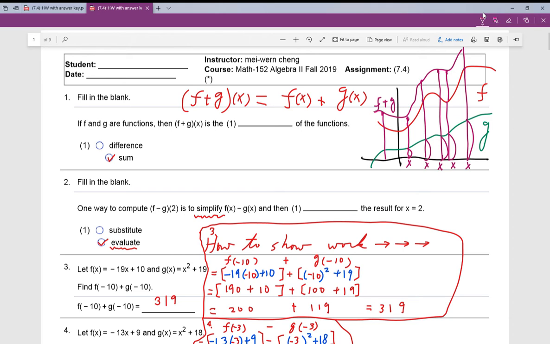Now, again, mathematicians are always very lazy. So they consider, since we have the same x, why not write down the same x only one time? So basically, f plus g with the same x input has the same meaning as x input to f and x input to g, and the y value from function f and the y value from function g, you add them together.